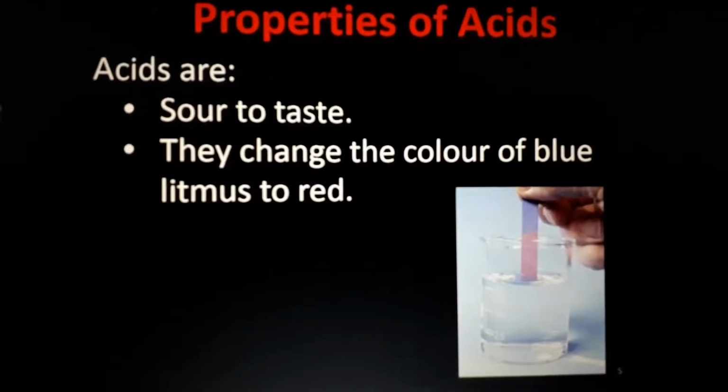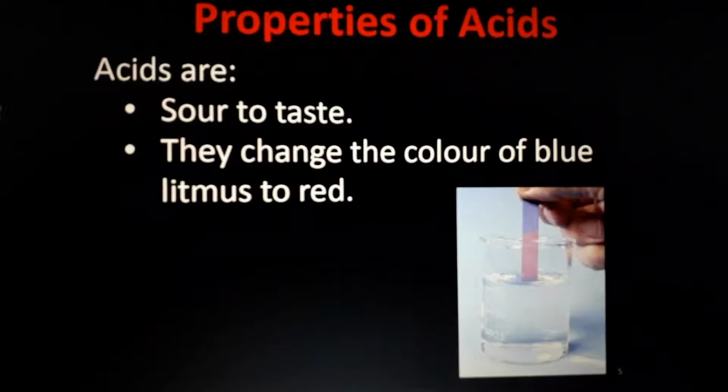Actually, the real color of litmus paper is purple. When we dip it in acid, it will become red, and if we dip it in base, it will become blue. But in our lab, we have only these 2 types of litmus paper, blue litmus paper and red litmus paper.